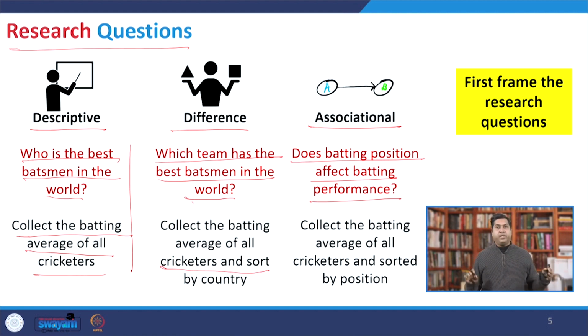Here you can compare that the best batsman may be XYZ from this country. In the last part, where we are trying to get certain association, we collect the batting average of all cricketers and then sort by batting position, whether it is opener, third position, fourth position, etc., and try to see, right.